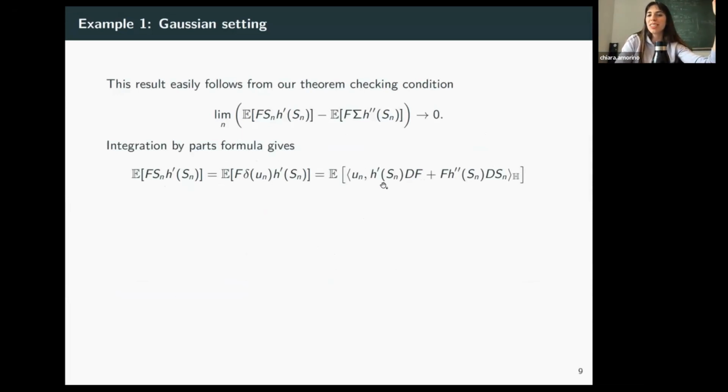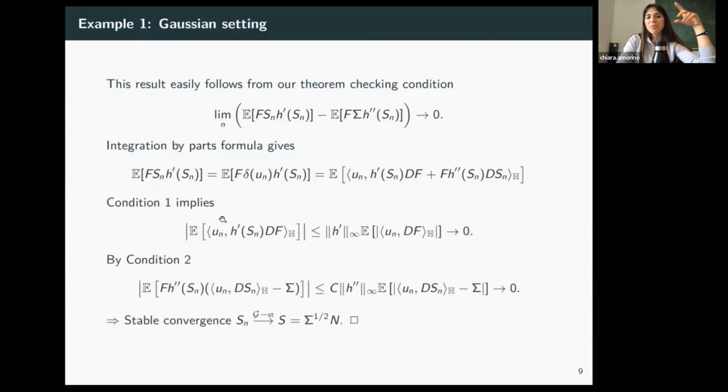Now, after having used integration by parts, you see here we have the derivative of f and h first, so we have the derivative of f here, the derivative of h second here. We have two conditions. The first condition tells us that this term is going to go to 0. The second condition tells us that here we are going to get the convergence to sigma. So the condition is already true.